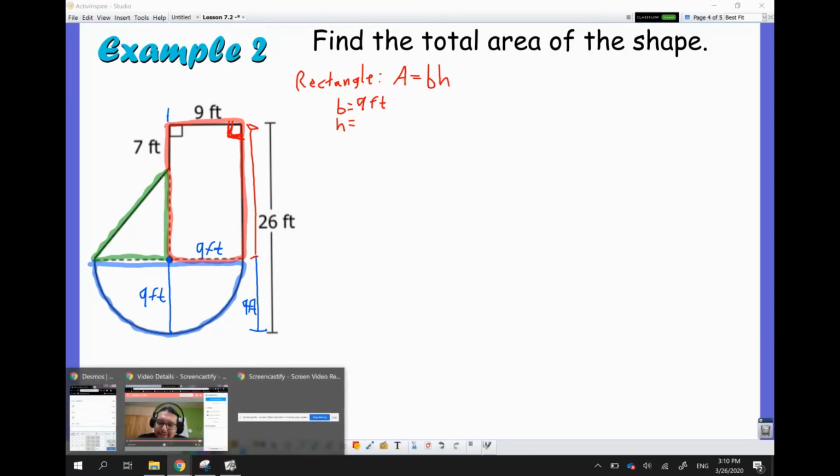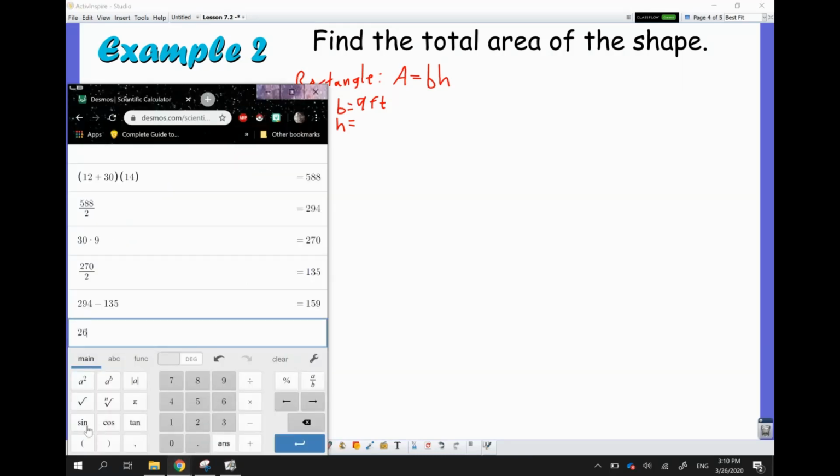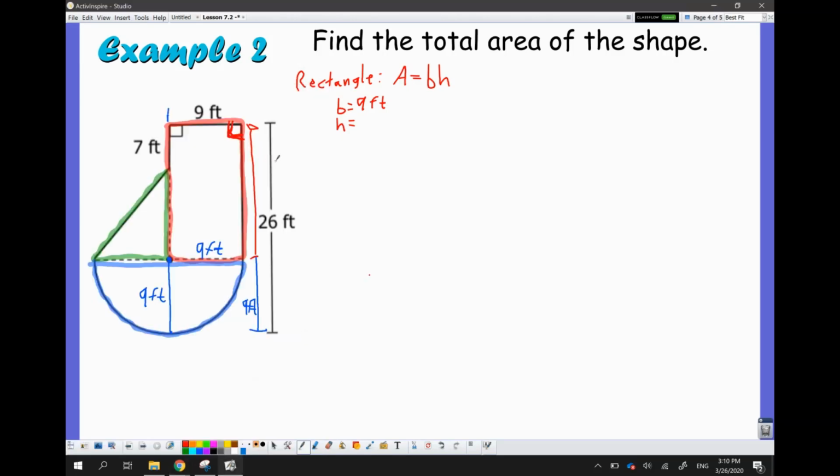So let's do that. 26 minus 9 is 17. So my height for the rectangle is 17 feet. I'm going to write that up here. 17 feet.